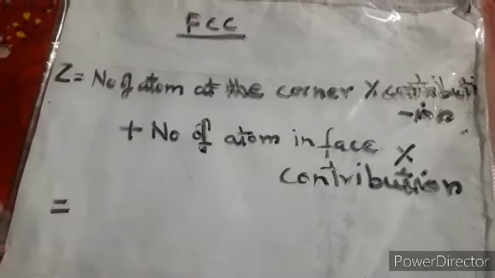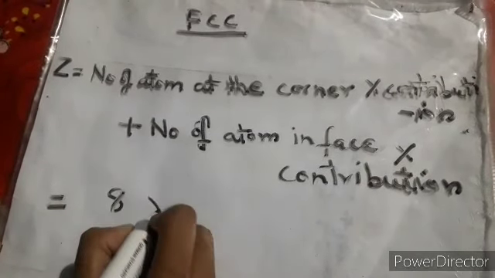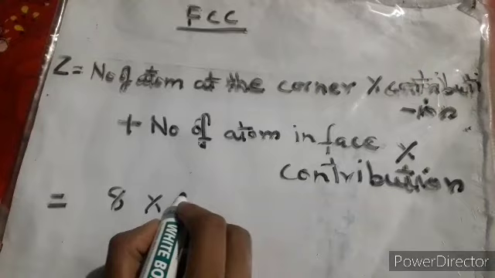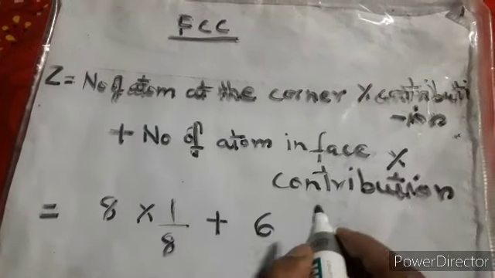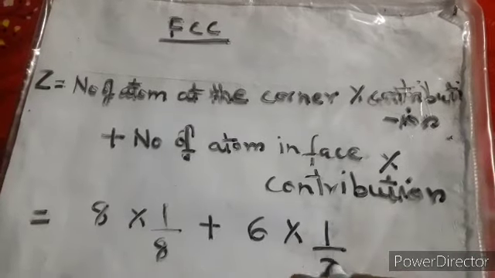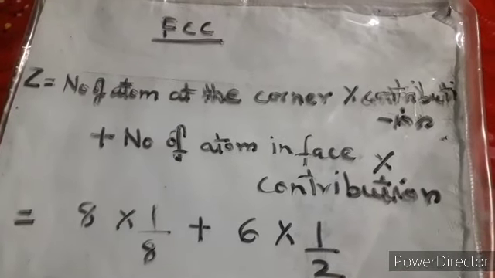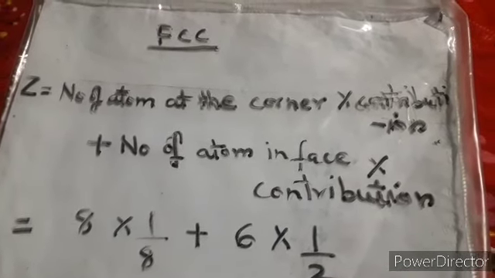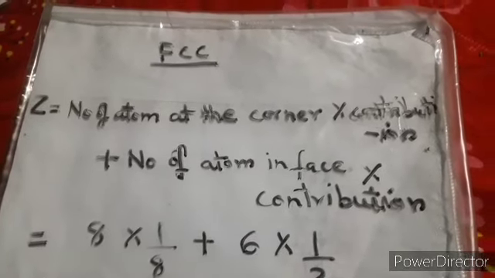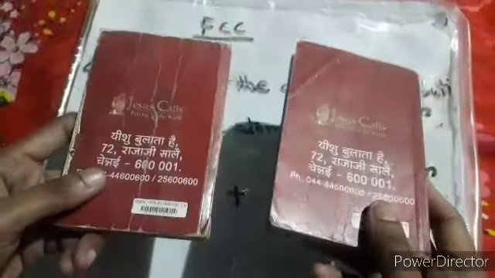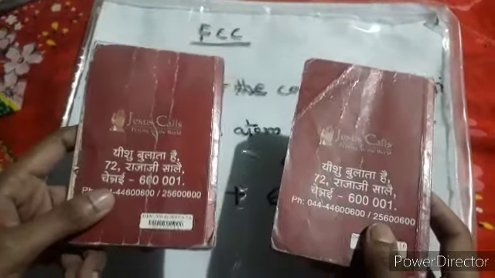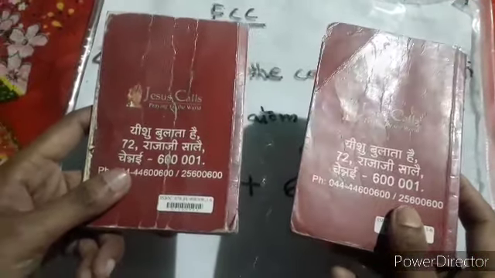We are writing that 8 atoms are there in the corners and they were shared, that was your 1 by 8, plus the number of atoms on the faces, which is 6, and they are half. Over here you will not write 1 by 4 or 1 by 3, because you can see that if two things are there, if I give you an example, suppose I am assuming these books are your unit cells, and we are seeing that these two unit cells are there.